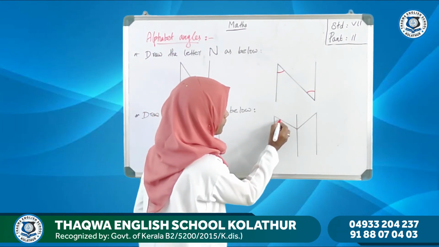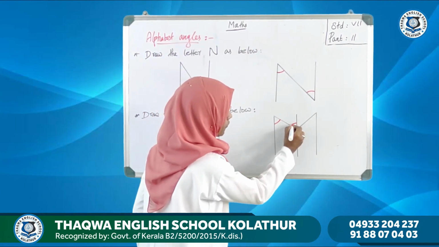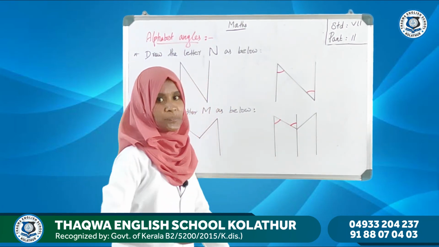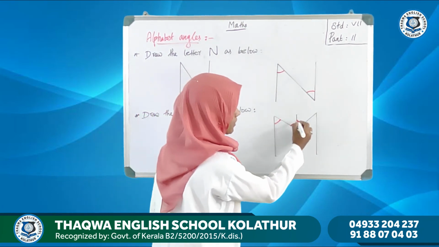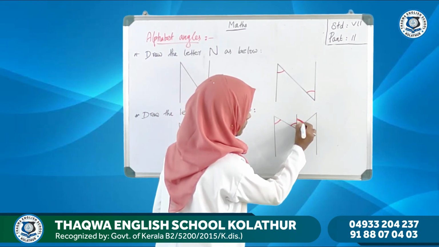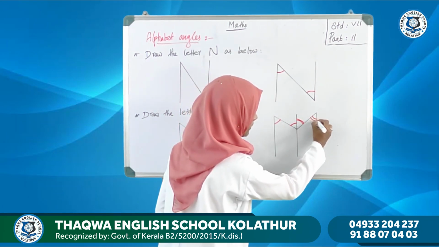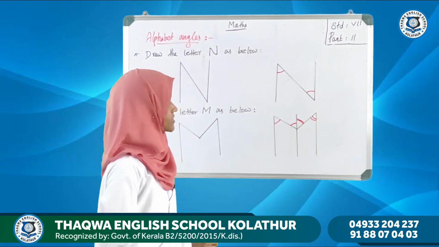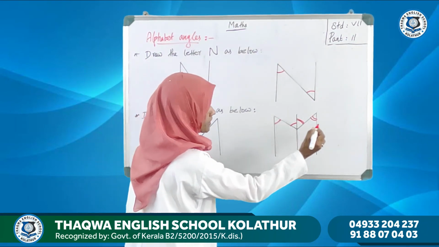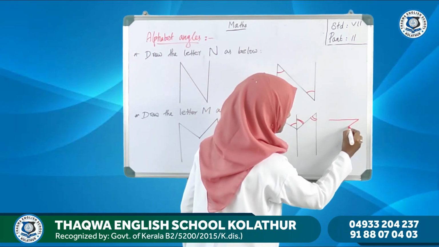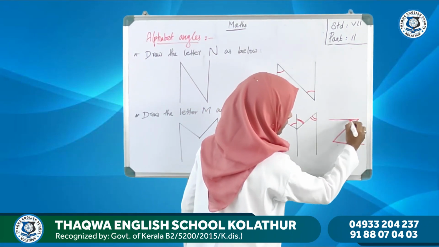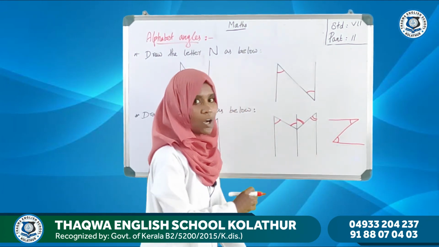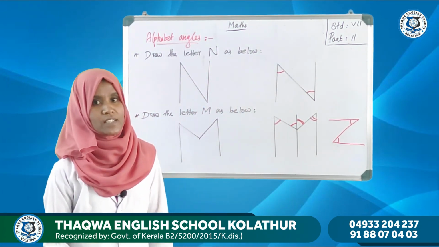Now, we got one pair of angles like this. These are the alternate angles. And also here, one more pair. These are the alternate angles. Now let's look at the letter Z. These are the alternate angles.